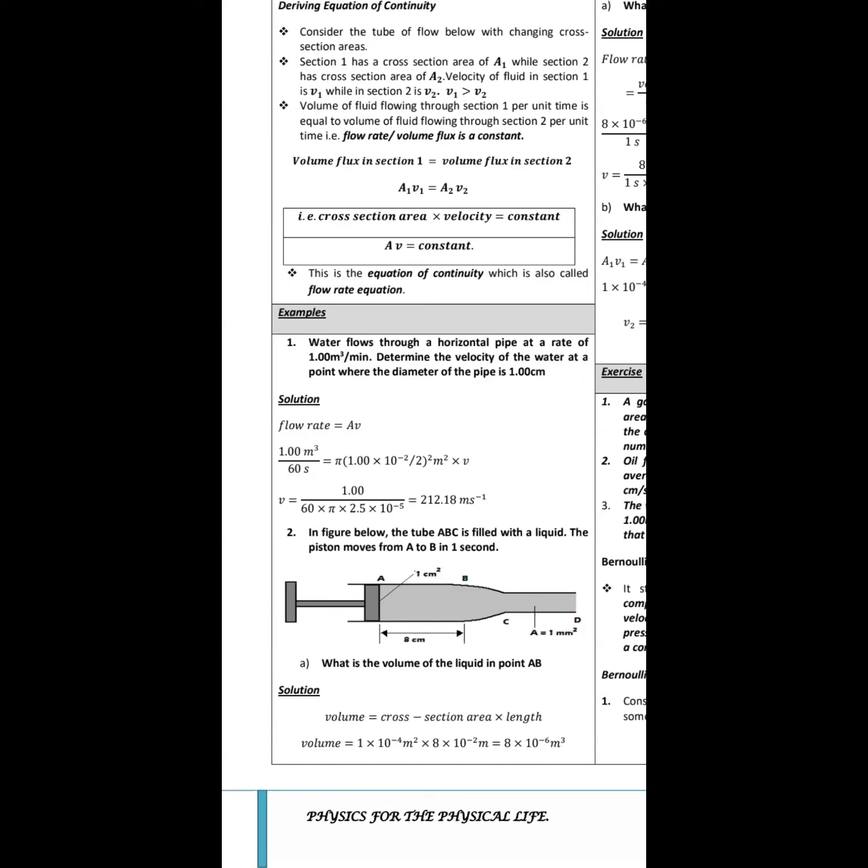You see now, if you don't put 8 multiplied by 10 raised to negative 6 over 1, you are likely to fail if the time was not 1 second. If the time was, for example, 3 seconds and you forget that 1 second.